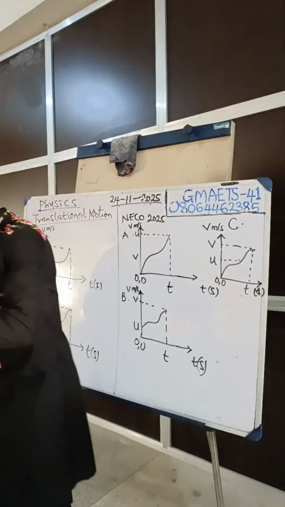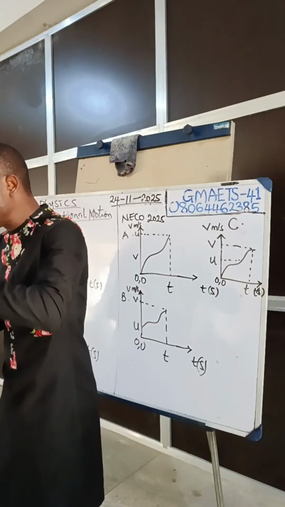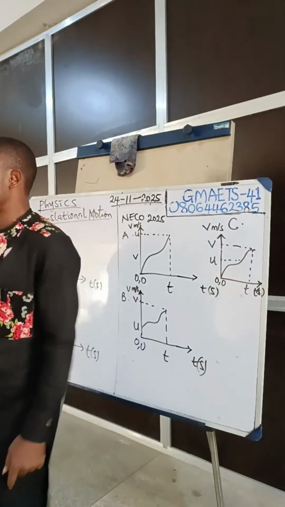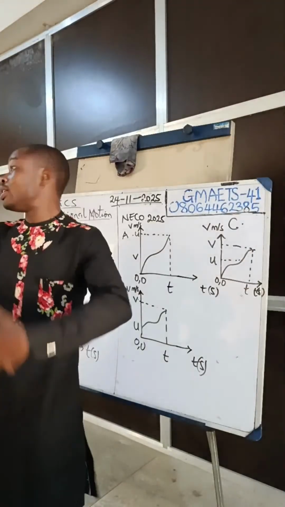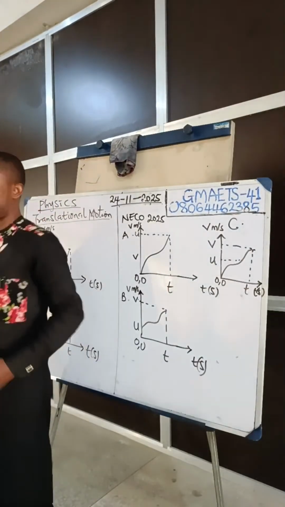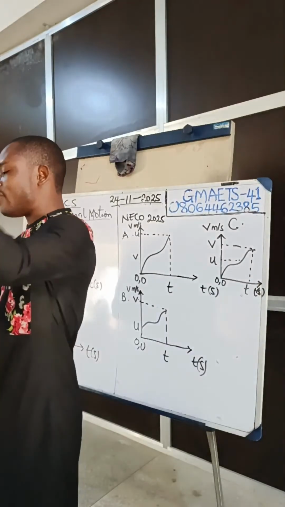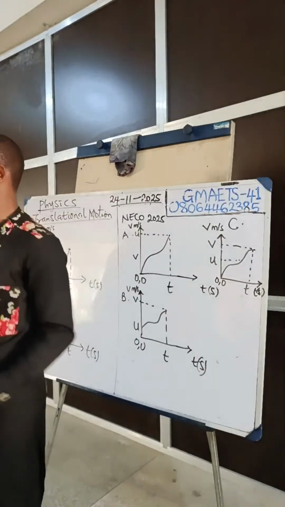Now, let's look at the question here, please. We are told that a body with an initial velocity, u. So the initial velocity is what? Which means when it was moving, the original velocity, it started with this what? U. Now we are told that it accelerates non-uniformly and attains the velocity what? V after a given time.